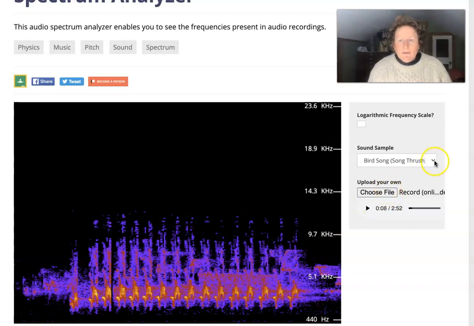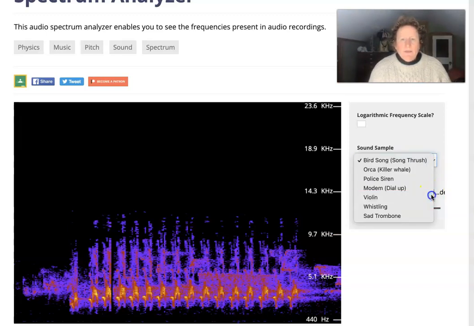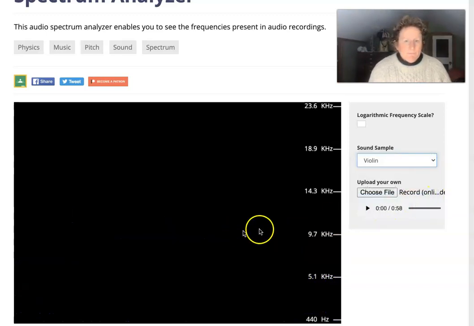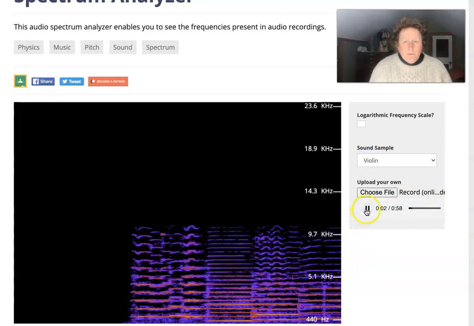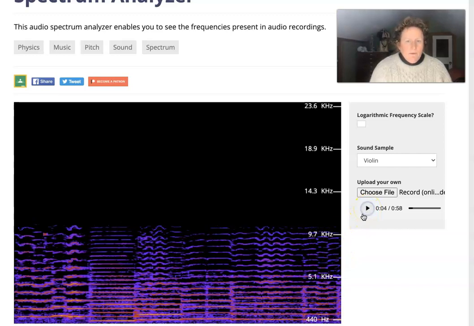If we look at something like a violin, there's a lot of information here on the vertical level. All these parallel lines here are showing the harmonics in the violin.